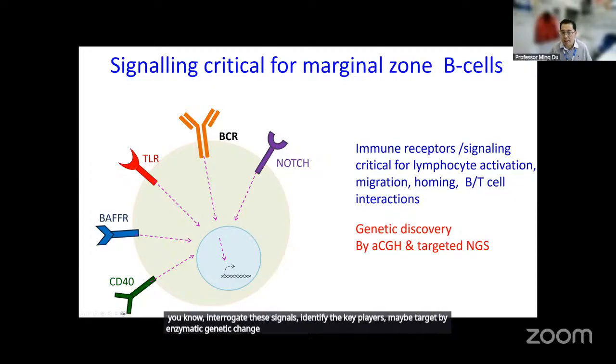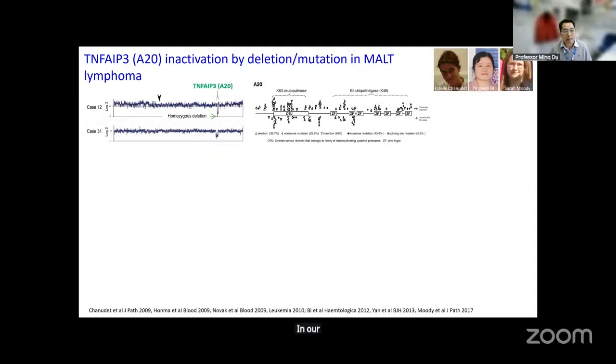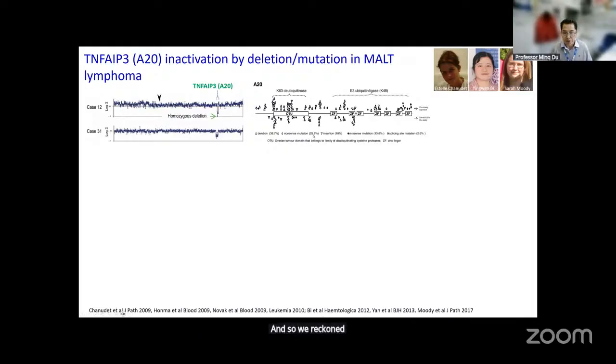First by array-CGH, then targeted next-generation sequencing. In our early studies by array-CGH, we pinpointed a deletion at 6q in ocular adnexal multiple lymphoma. This deletion, including homozygous deletion, very much centers on the TNFAIP3 or A20 locus, so we reckoned this might be a tumor suppressor gene.